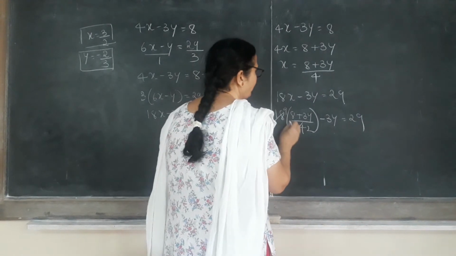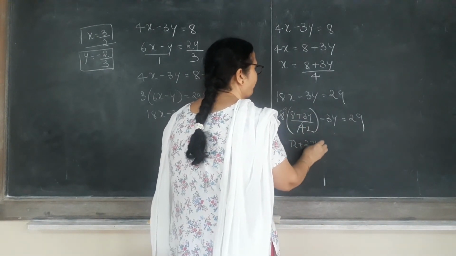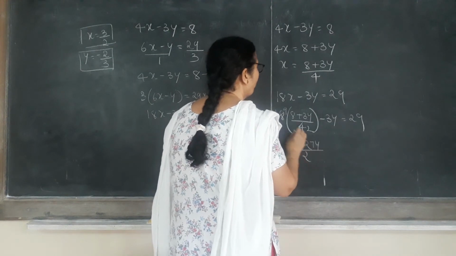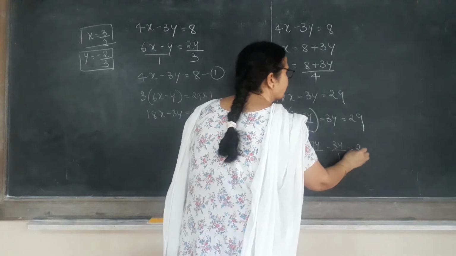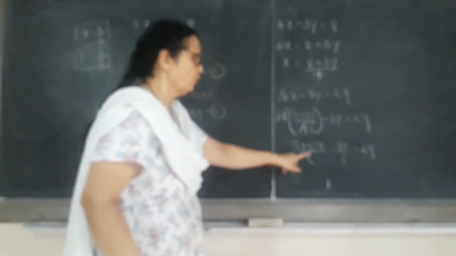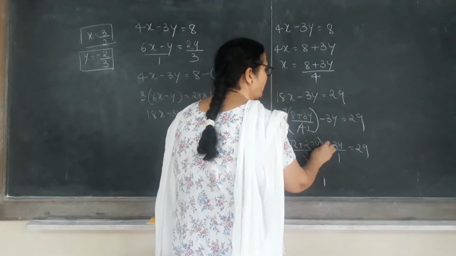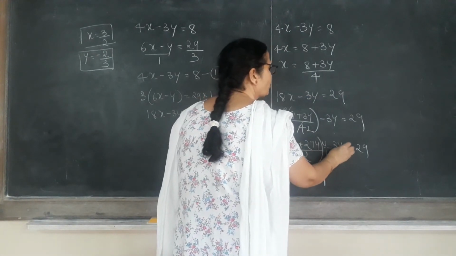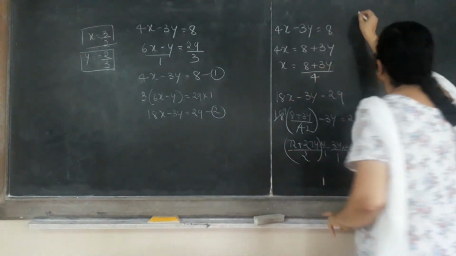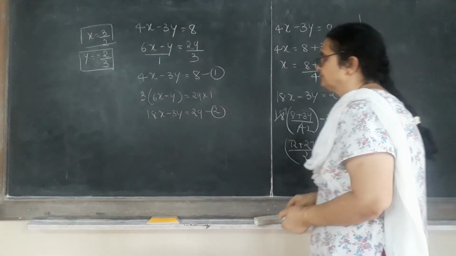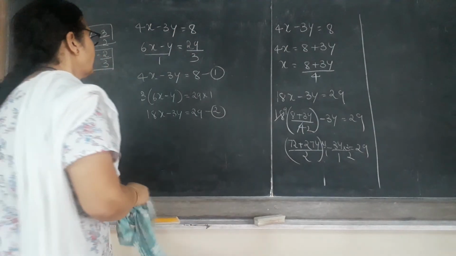Now 9 into 8, 72 plus 27y upon 2 minus 3y is equal to 29. 2 and 1, LCM is what? 2. 2 means it should be multiplied by 1. It should be multiplied by 2. Clearly understand? Yes.